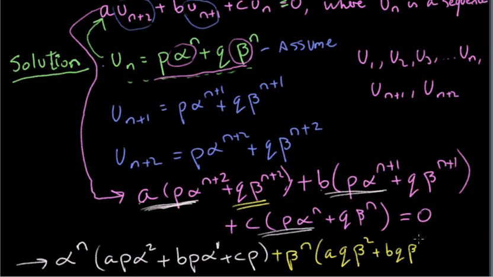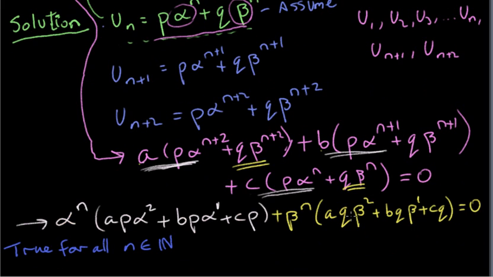We want beta to the power of 1 now, because beta to the n times beta to the power of 1 gives us beta to the power of n plus 1. And finally we want to get this term. Well, we just have c times q here, and we're setting all of this equal to 0. Now we want all of this to be true for the natural numbers, all the positive integers.